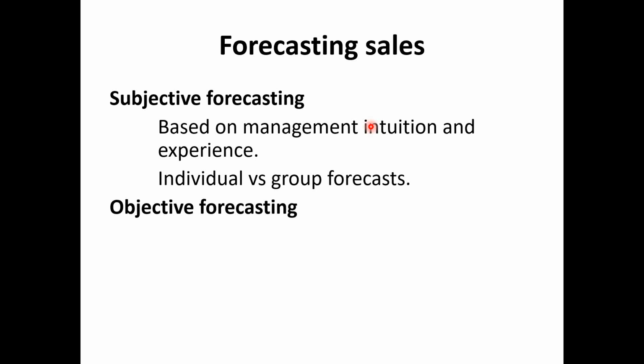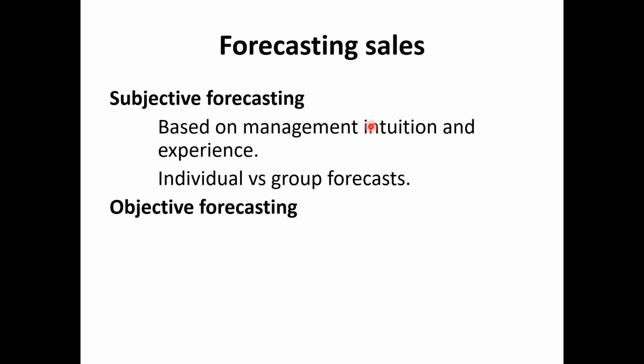For individual forecasts, one person performs the forecast by themselves. The disadvantage here is that it would incorporate the bias of the forecaster. For group forecasts, a group of individuals come along and they pool their experience in estimating the forecast sales. The advantage here is the expertise is increased and we dilute the bias of a single individual.